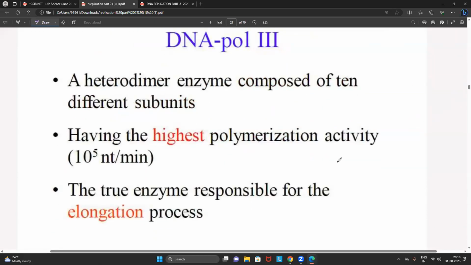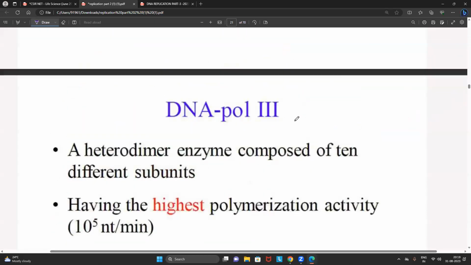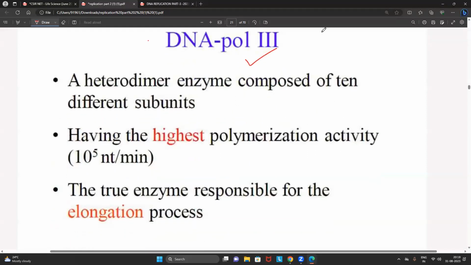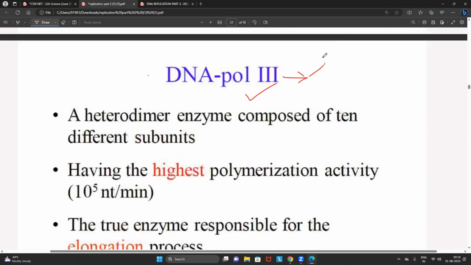Now, the king of all the enzymes, the most important enzyme among all, is called DNA polymerase 3. All the students, remember my statements very correctly. Why do we call DNA polymerase 3 the most important enzyme? Remember, all the students: you know very well DNA polymerase 3 is called the most important enzyme because of its high processivity.